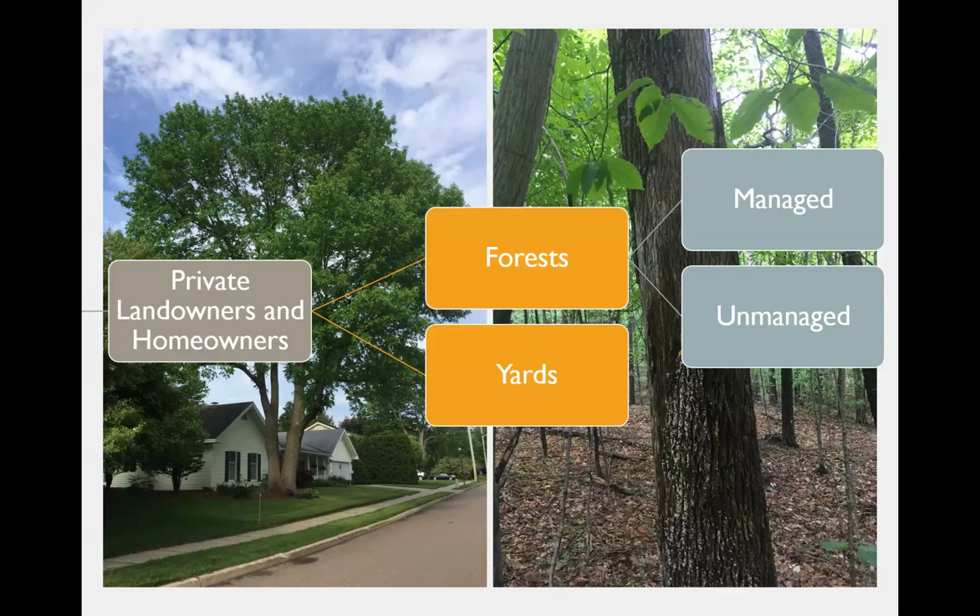When you have trees in a forest, if that forest is managed, or you're thinking about managing that forest, you have many other options. And I have another slide to walk through some of those options.